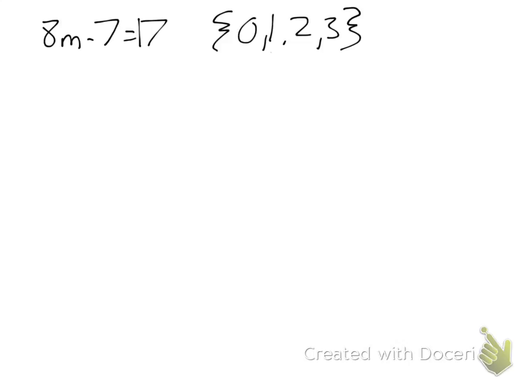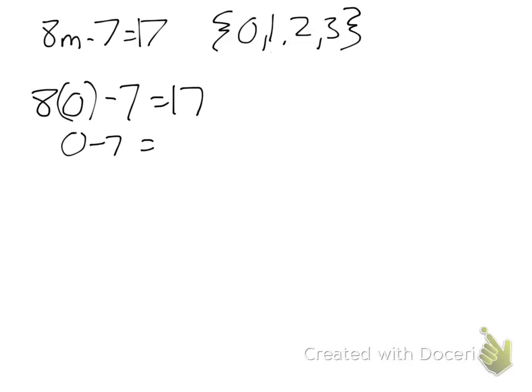And so, this is what I'm going to do. 8 times 0 minus 7 equals 17. This, guys, is what I call checking. When I do this, all I'm doing is simplifying. What's 8 times 0? And 0 minus 7 equals 17, or negative 7 equals 17. Is that true?